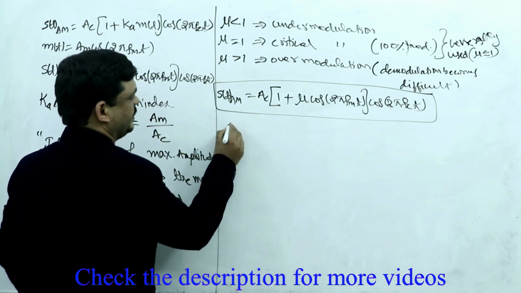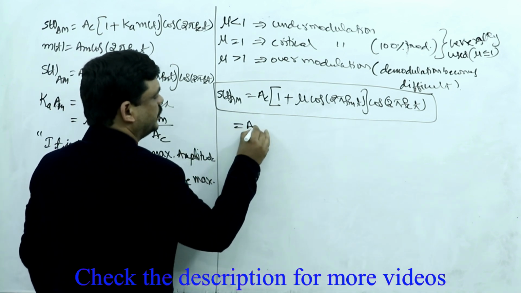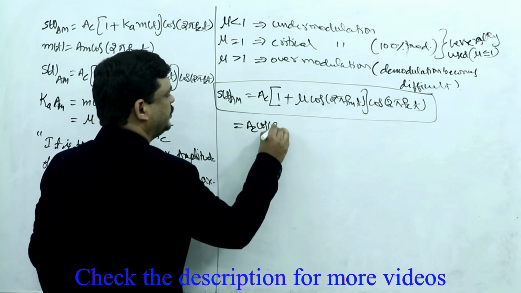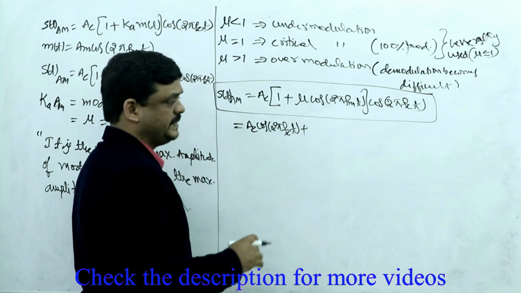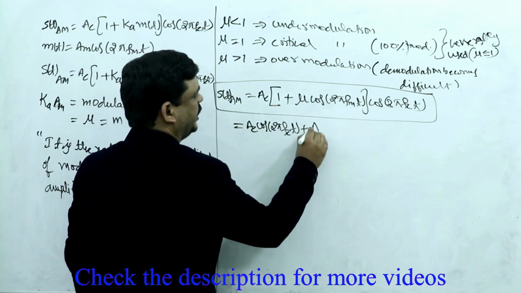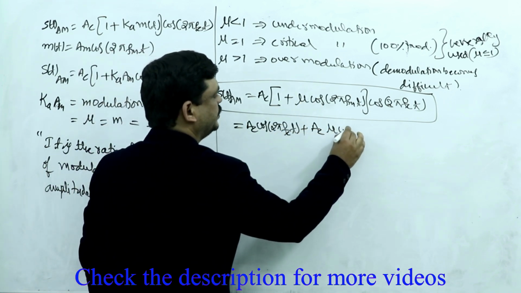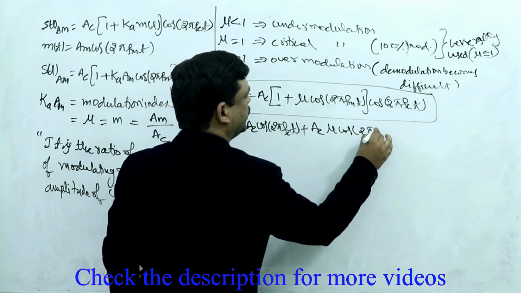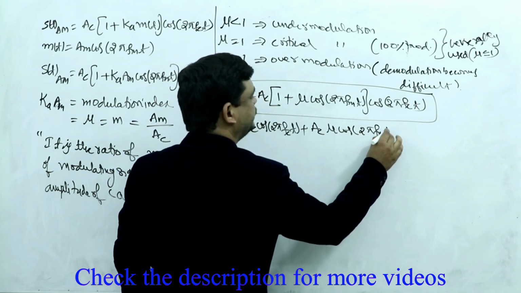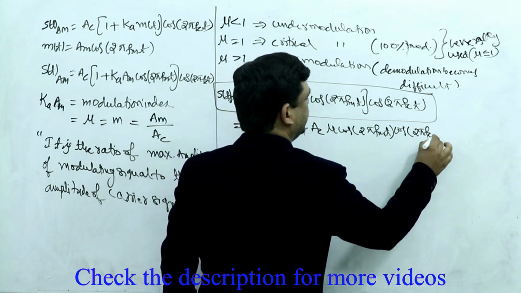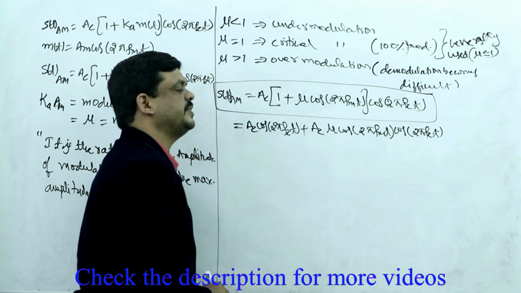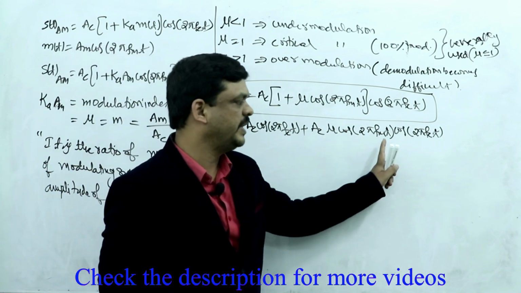Then I want to separate these terms now. This is equal to Ac cos(2πfct) plus, multiplying these terms, Ac mu cos(2πfmt) cos(2πfct). Now two cos functions are in product form with different frequencies.